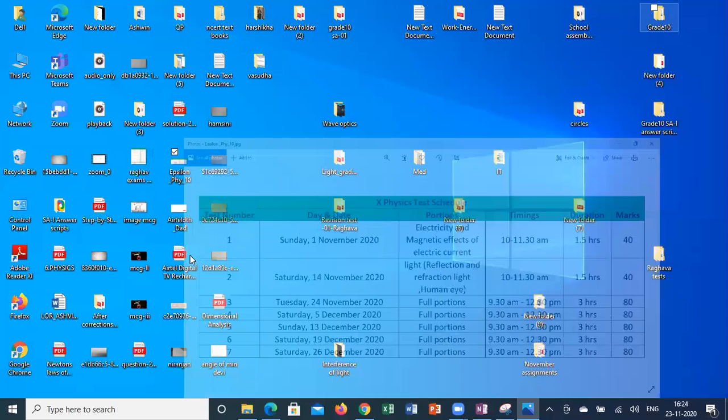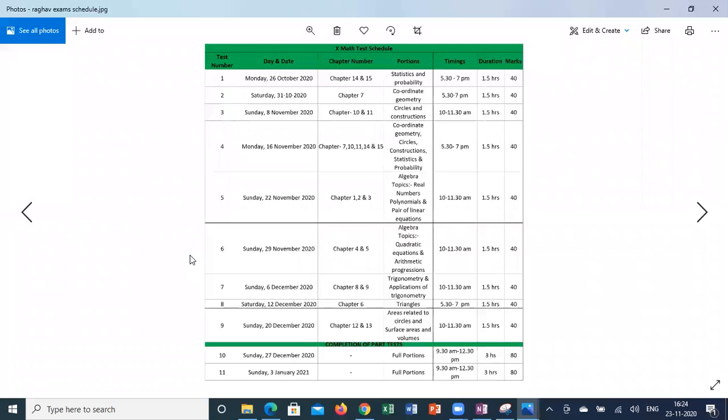Yes, sir, both portions match, so we can write it. The portions are matching, no problem. But the biology exam on the 30th alone is not comfortable.